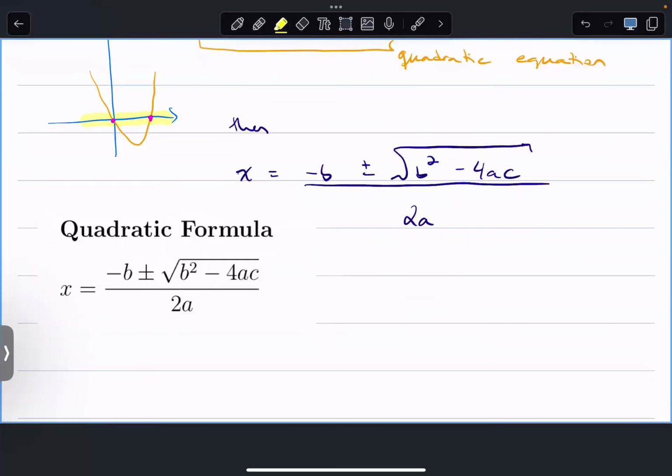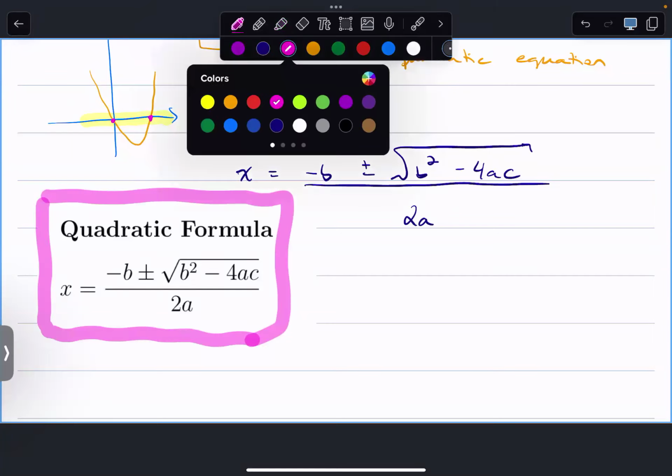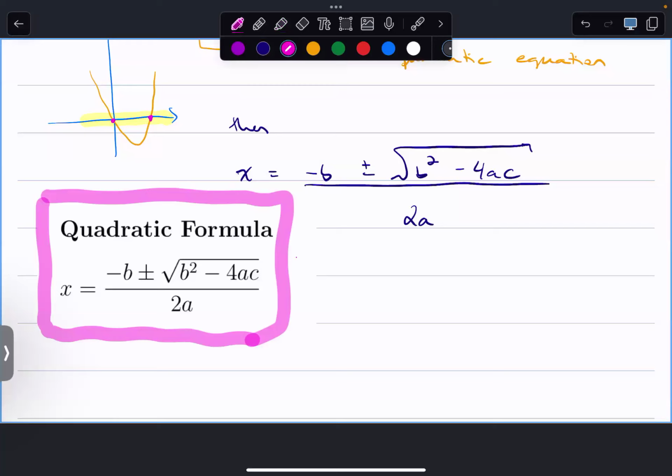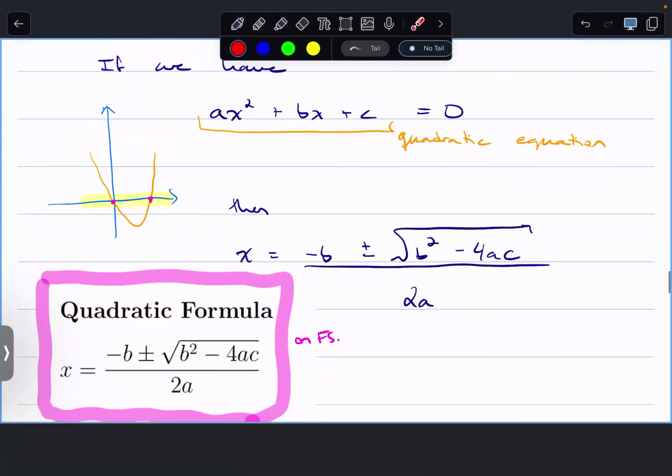So this is what it looks like on your formula sheet. It doesn't give you the format of the equation. You're expected to know that. But if you have something ax squared plus bx plus c, and you want to find where this thing equals 0, then you need to identify what your a is, what your b is, and what your c is. And then you can use the quadratic formula.